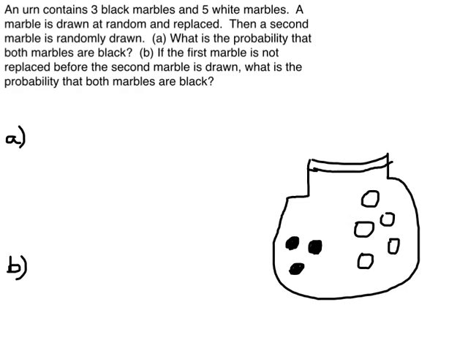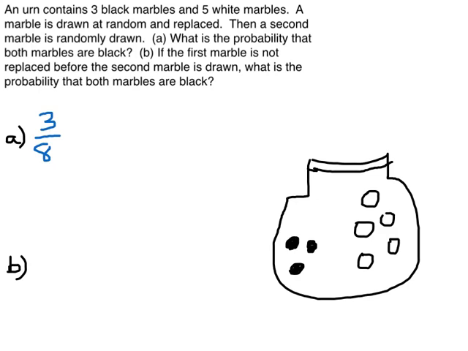And let's say we're going to do our first draw, and we're going to take a black one. Alright, so the probability was we had a 3 in 8 chance on the first draw. Now, let's say that we put that back.